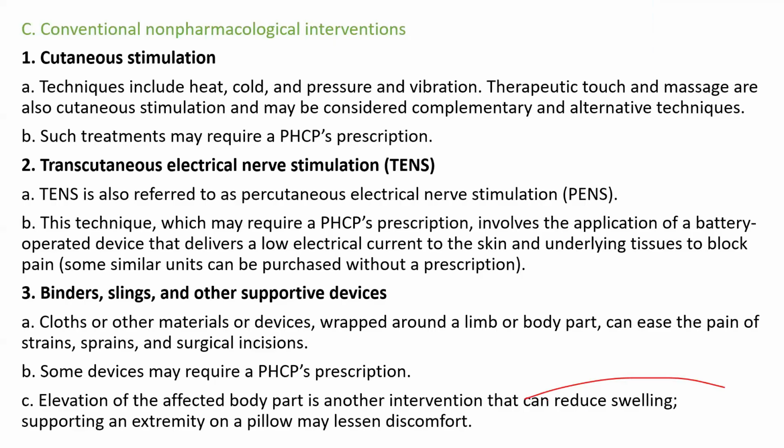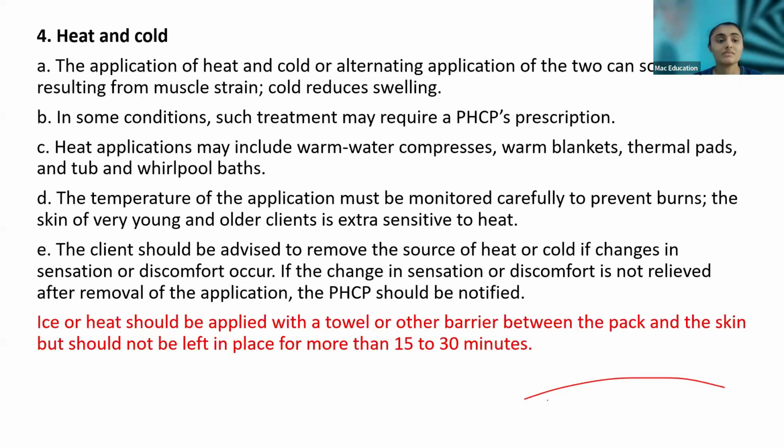Cutaneous stimulation, then TENS, then hot and cold application, and last, binders, slings, and other supportive devices. All these are conventional non-pharmacological methods through which we can reduce the pain of the patient.